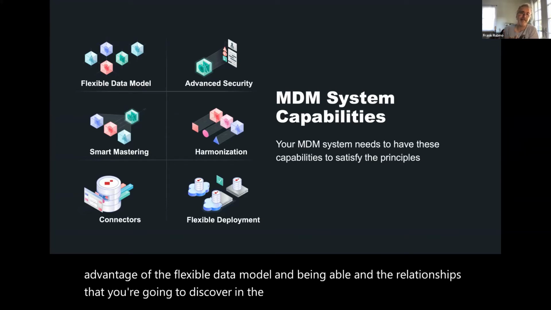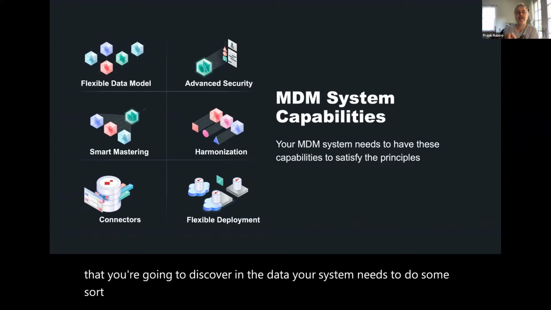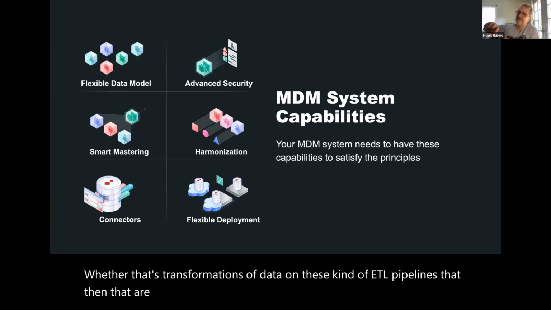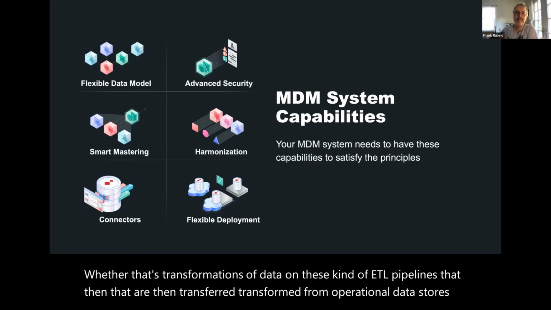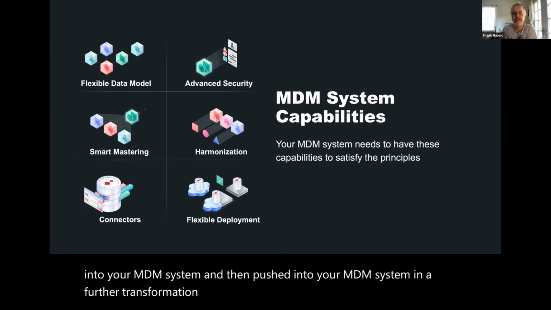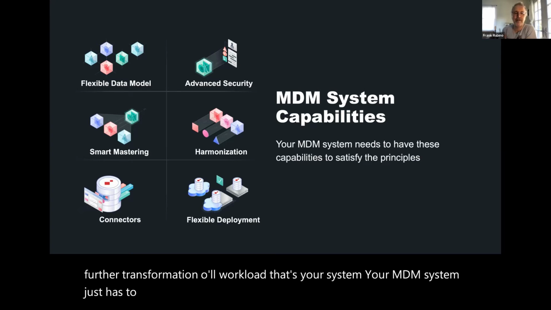Your system needs to do some sort of harmonization, whether that's transformations of data on these kind of ETL pipelines that are then transformed from operational data stores into your MDM system and then pushed into your MDM system in a further transformational workload. Your MDM system just has to have the capability to do those kind of data manipulation operations.